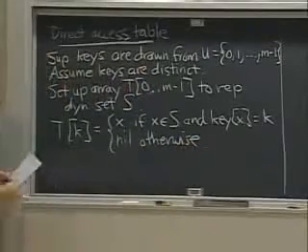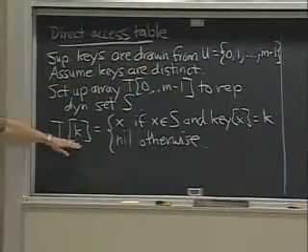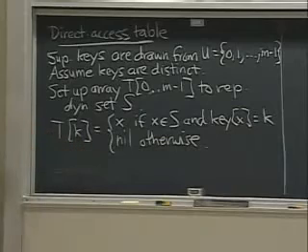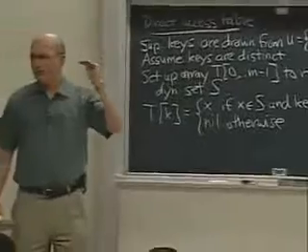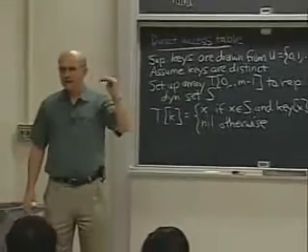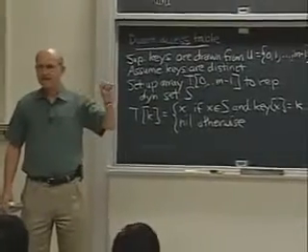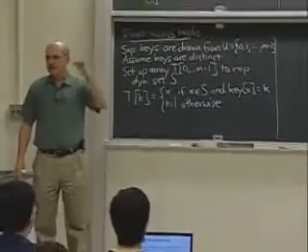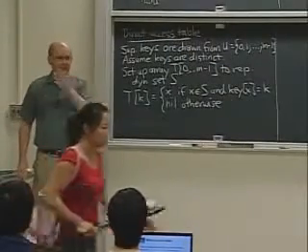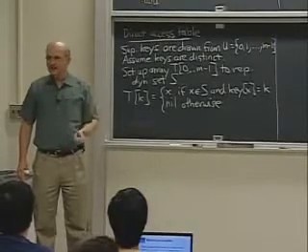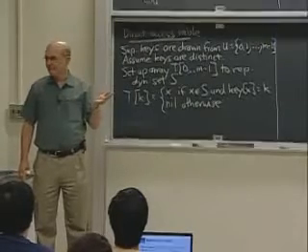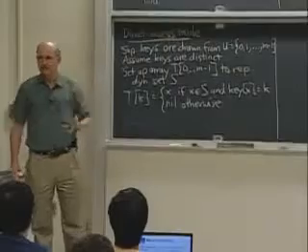So you just simply have an array, and if you have a record whose key is some value K, say key is 15, then slot 15, if the element is there, has the element, and if it's not in the set, it's nil. Very simple data structure.